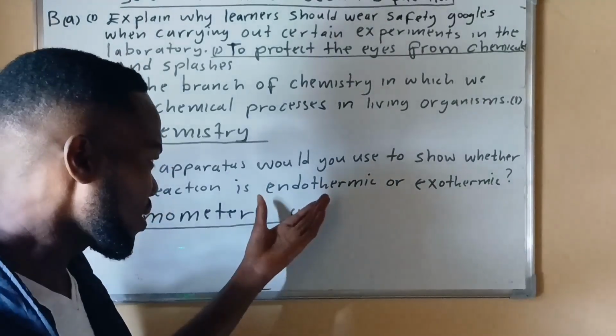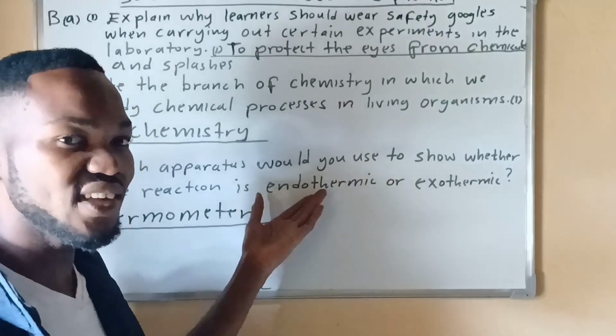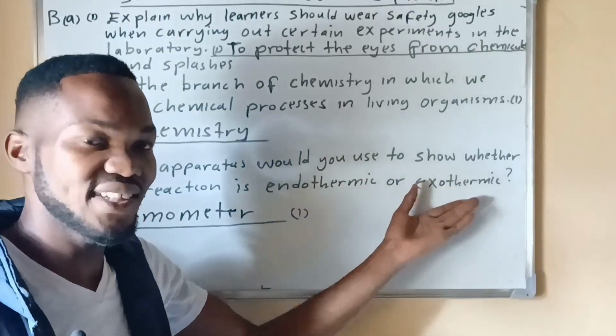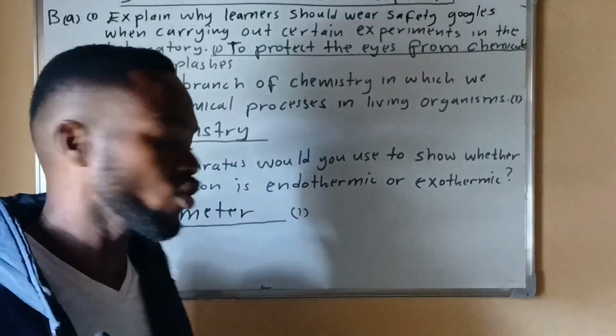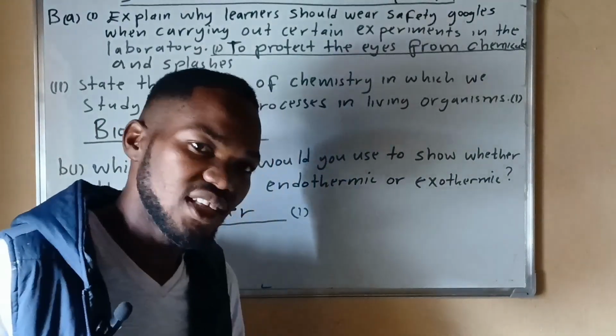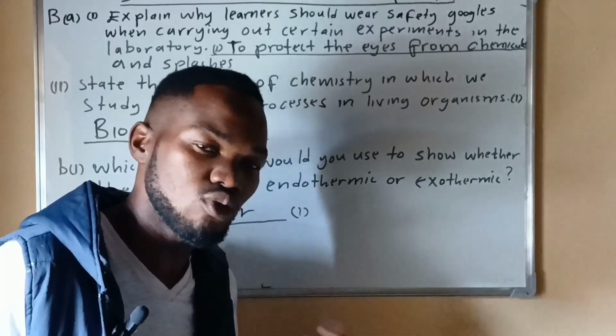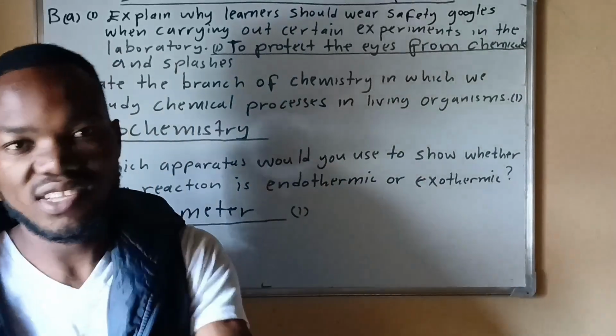So when the temperature decreases, that means it is endothermic. When the temperature rises, that means it is an exothermic reaction. So when you use the thermometer, you check whether the temperature is increasing or decreasing.